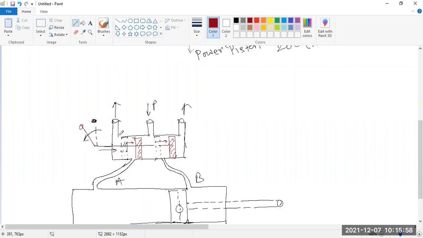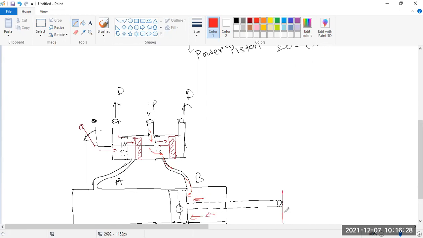So what happens? It is coming over here. Now you can see A is connected with this drain. This is drain, this is drain, and now B is connected with the pump. In the previous section it was empty and it was full. Now fluid is entering through this B, and it will try to press this.